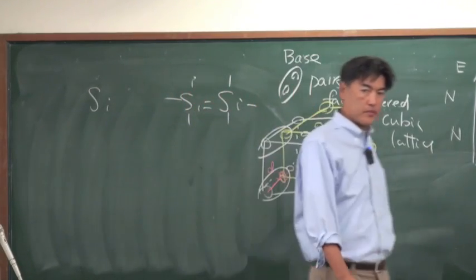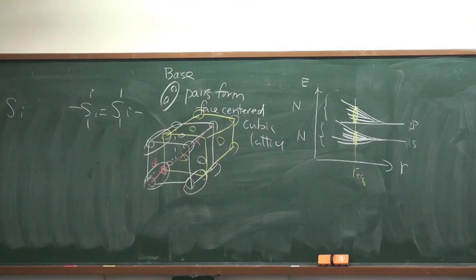Okay? And we'll see how such 8 electrons play a role in the formation of the silicon band diagram.